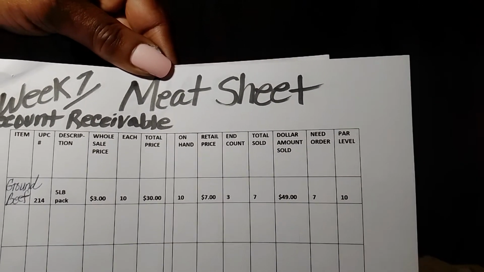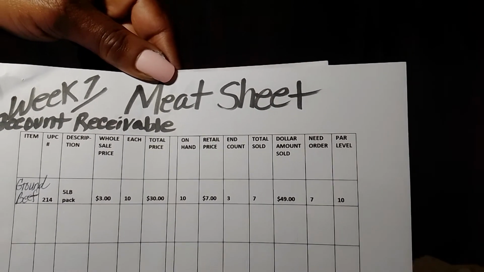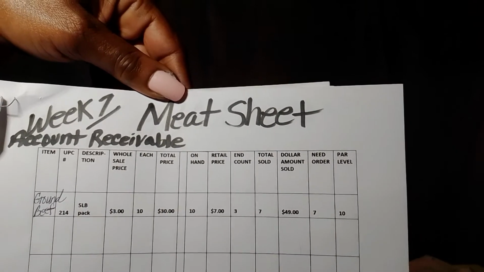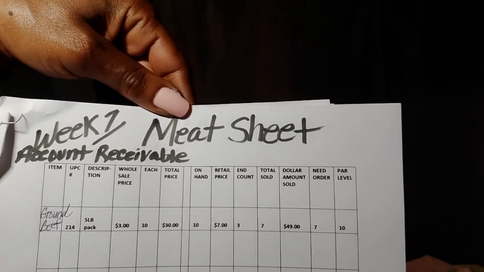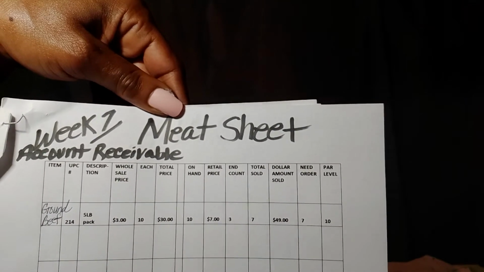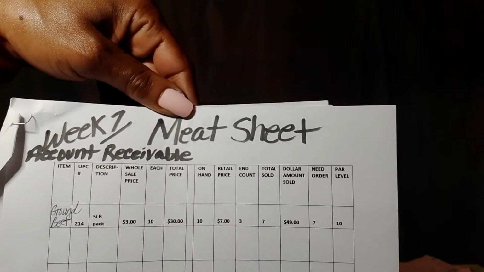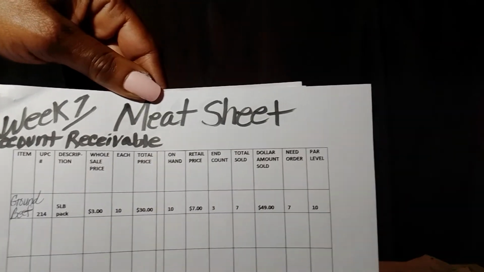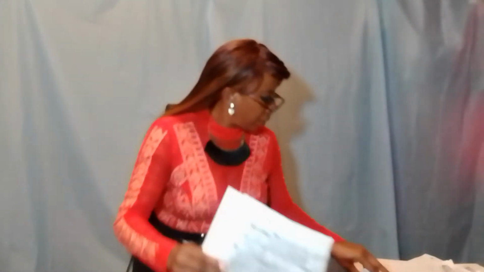Okay? And your sugar sheet should say food sheet at the top. Your milk sheet should say produce sheet up top. I'm sorry, your milk sheet should say dairy, because that's a dairy.